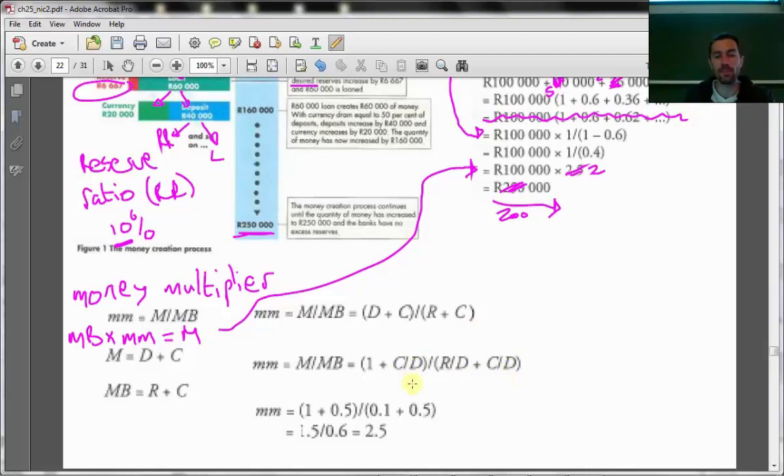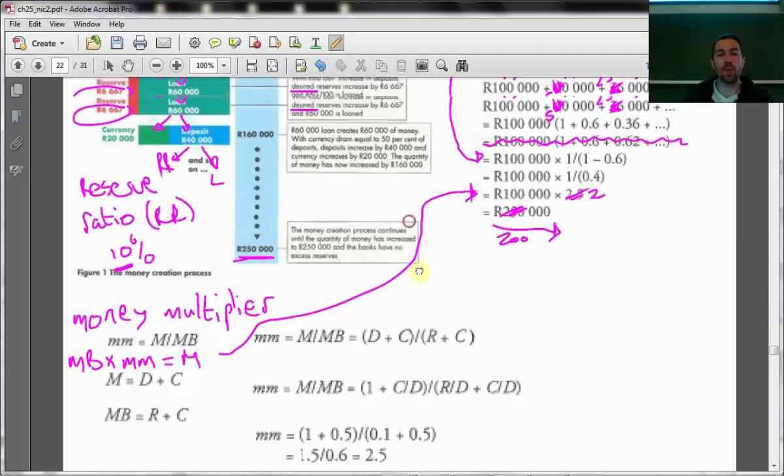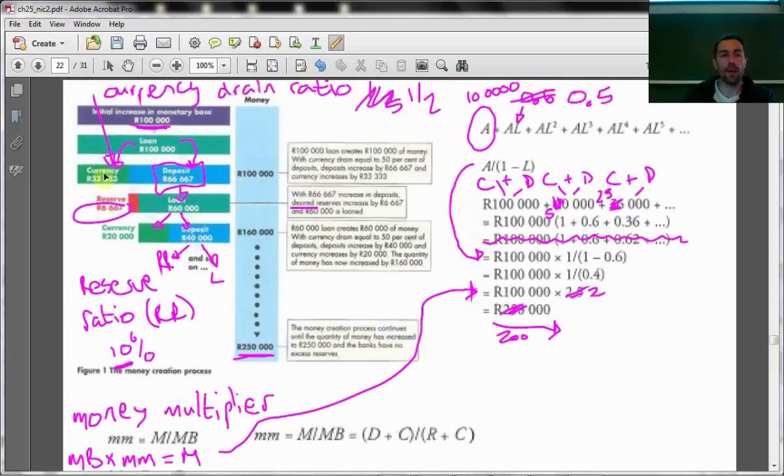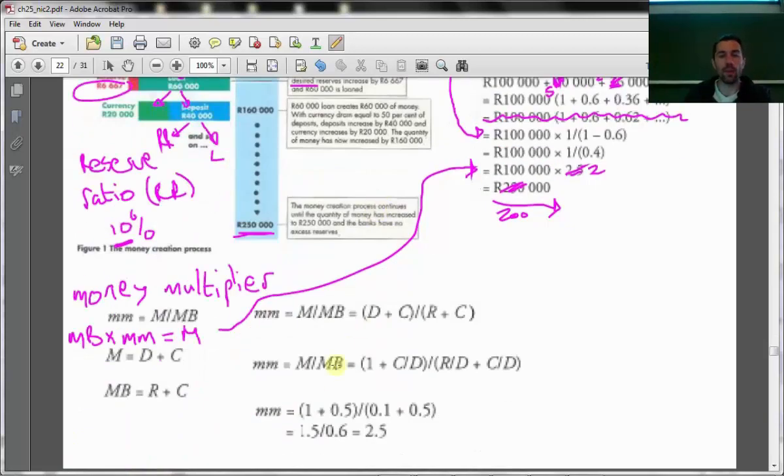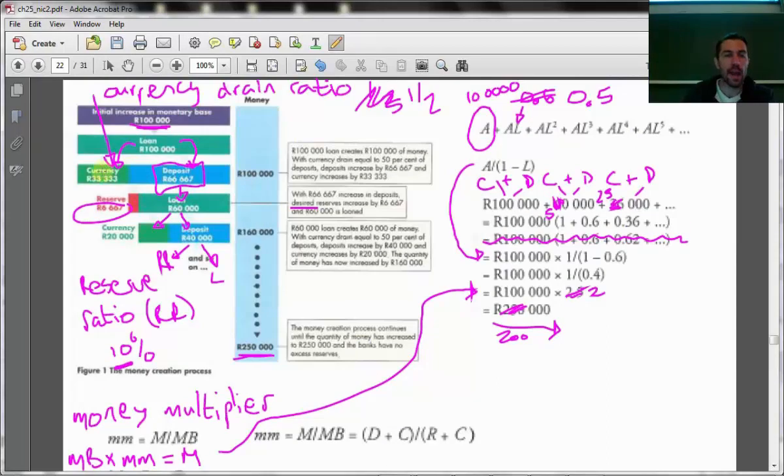So in our example over here, where we had our initial increase in money supply, and there was a currency drain, and there were reserves as well, what did we end up with? Well, cash to deposits, which is our currency drain, was 50%.